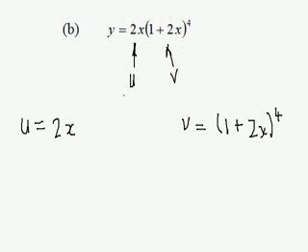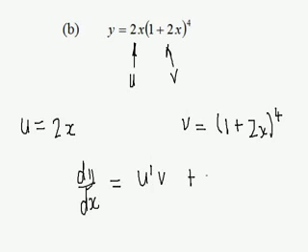So to find dy/dx, as you can see, it's a product of effectively two factors, u and v, so we can use the product rule to find the derivative, and the product rule states that dy/dx is equal to, if I can just write that, u prime v, so that's the derivative of u multiplied by v, plus u multiplied by the derivative of v. Okay, so that's essentially the product rule over there. Let's call this the product rule. Okay, that's over there.